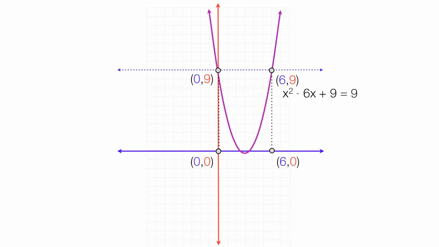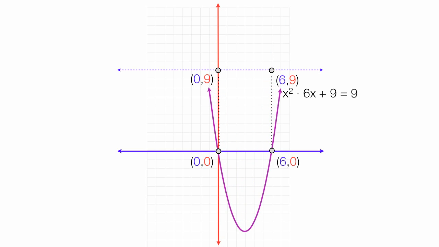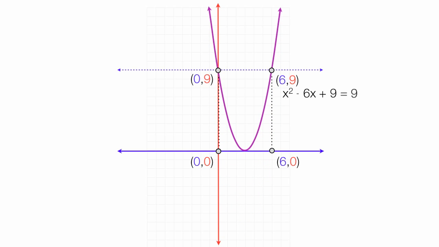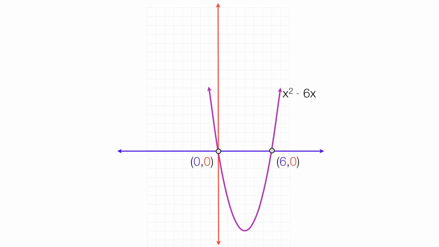So if I slide it down 9, you'll see that the solution there is the same as the solution there. So let me put the first equation back in, the one I started with, x squared minus 6x, and that's the solution.